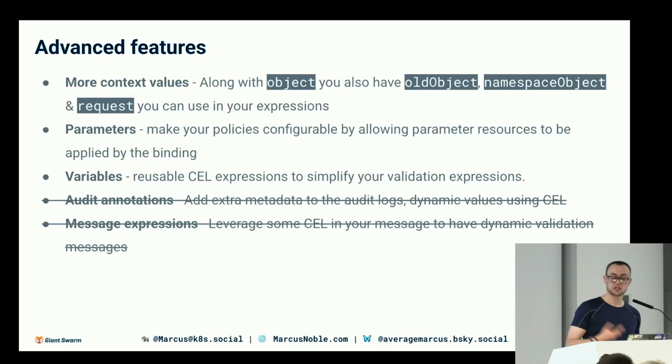Parameters, again, and variables. But what it doesn't have is audit annotations, because it doesn't make sense, because it just applies the mutation. It's not blocking anything like a validation does. And it also doesn't have message expressions, because it doesn't return messages back to the user. It just does the mutation as part of the API call.